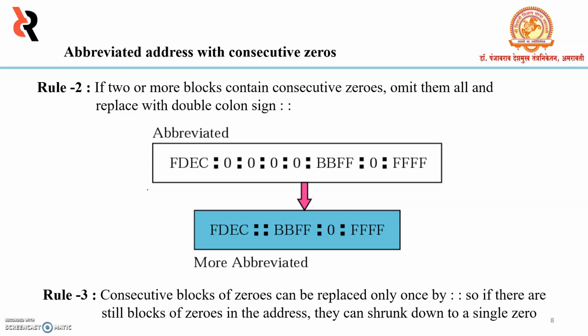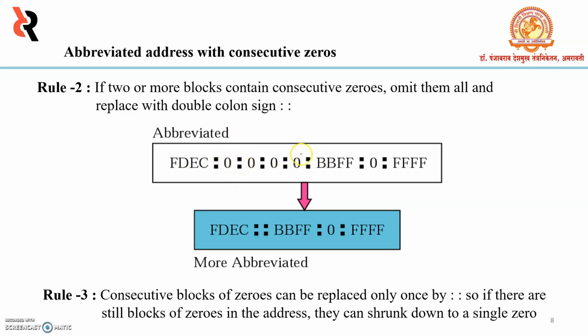So the second rule: we have to omit all zeros in a hex state, all consecutive zeros in the hex state. You can use double colon instead of single colon.